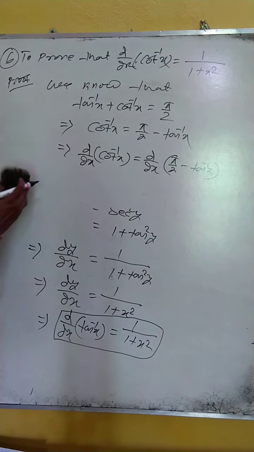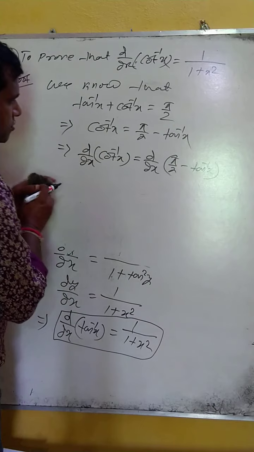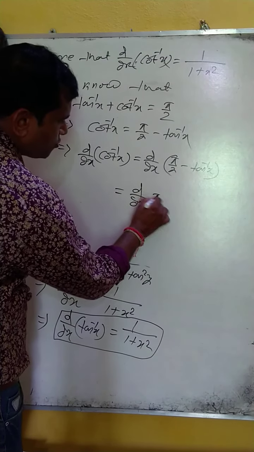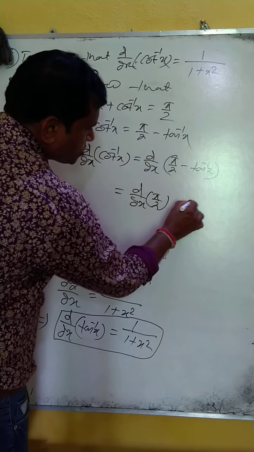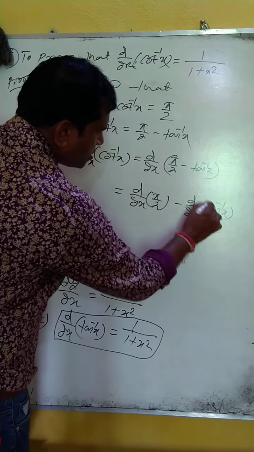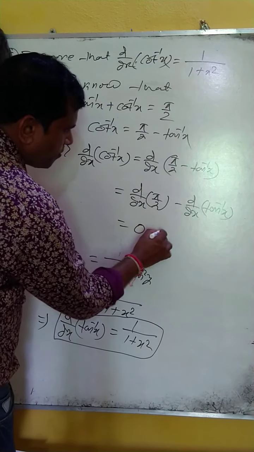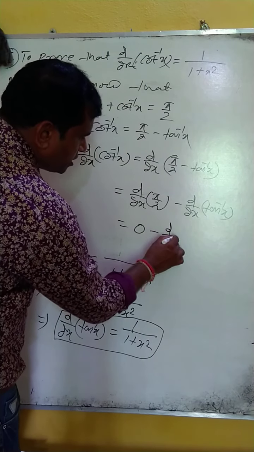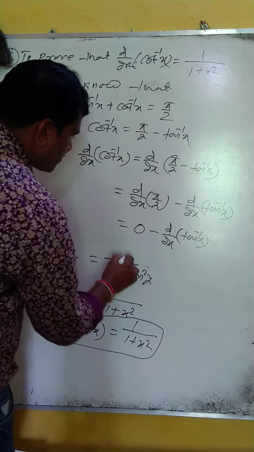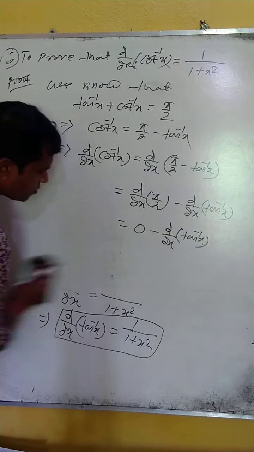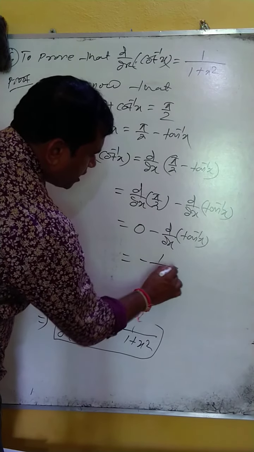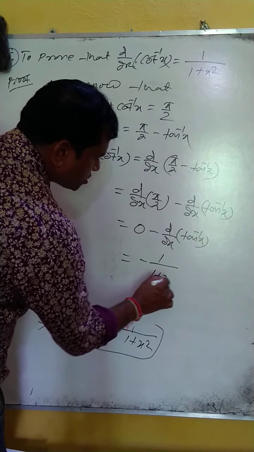That is equal to d by dx of pi by 2 minus d by dx of tan inverse x. That is 0 minus d by dx of tan inverse x, that is equal to minus 1 by 1 plus x square.